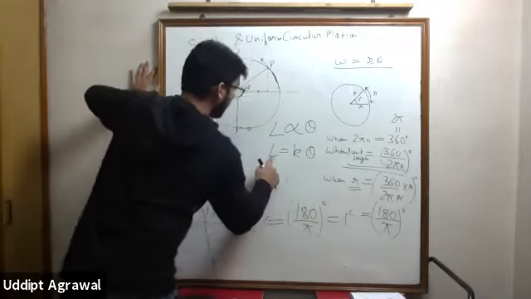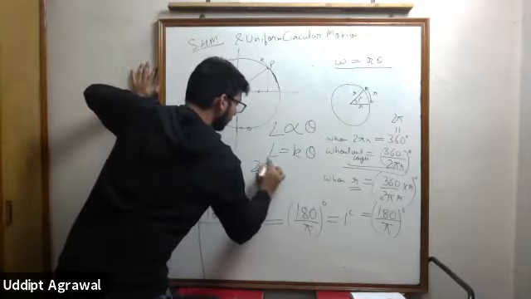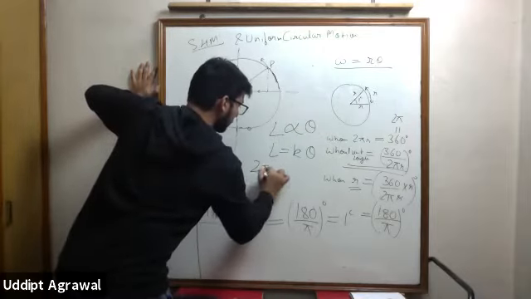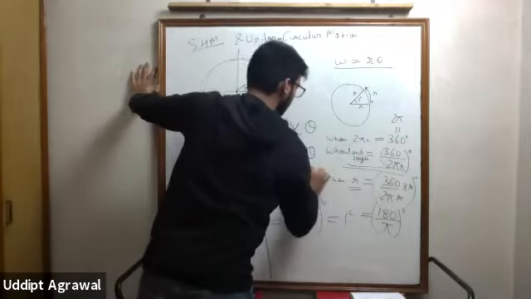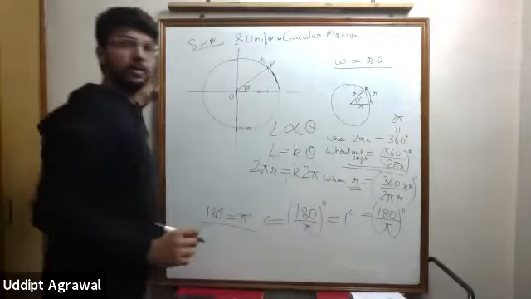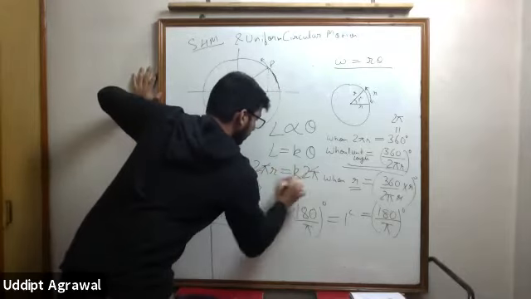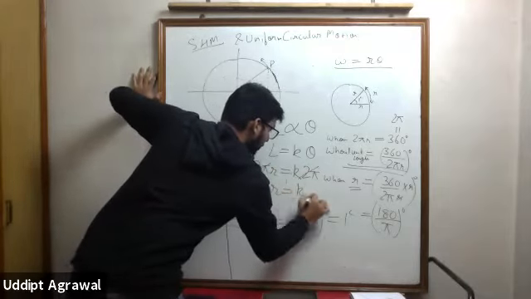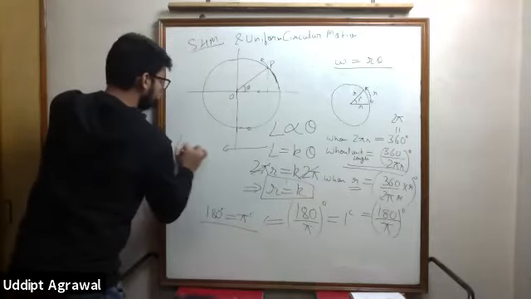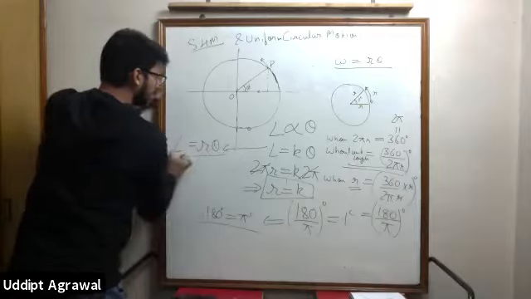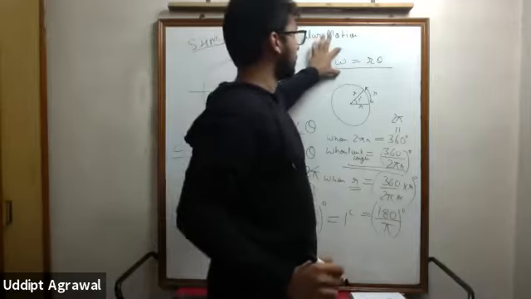So length, which is 2 pi r, the circumference, will be equal to k, and theta will be equal to 2 pi in radians, which gives me r as the constant. When I get r as the constant, this becomes L is equal to r theta, right? This is why this is important.